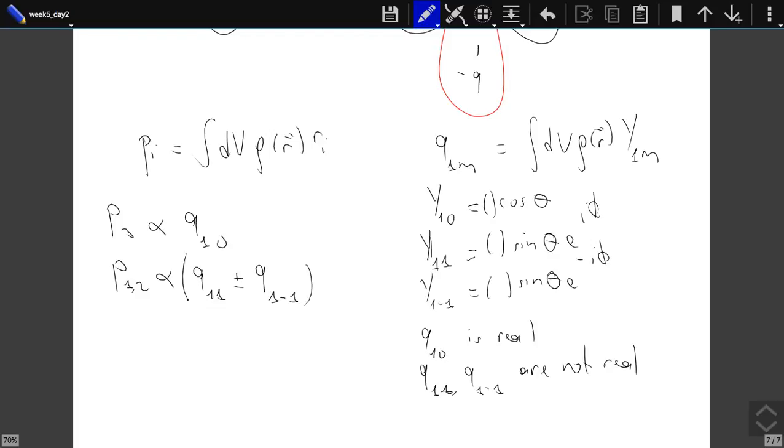It depends on which coordinate system you want to use. They can be real, they can be complex. Q_lm, in terms of spherical harmonics, in general will not be real. Of course, the ones with m equal to 0 will be real, because Y_l0 is always real, but the other ones will not be. In Cartesian coordinates, everything is real, so the moments are also real.